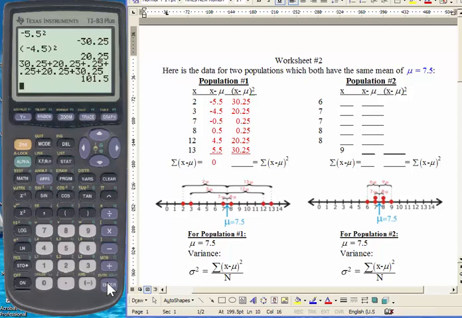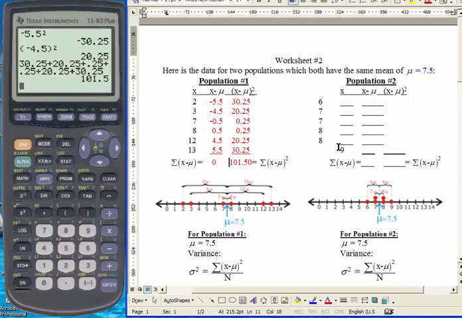And we come up with 101.5. So let's put that answer in there. 101.5. Oh, I'll go 2 decimal places because that's what my previous work was in. And let's get this to line up a little more nicely.